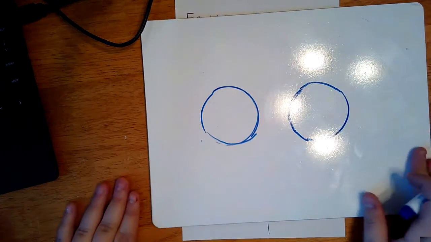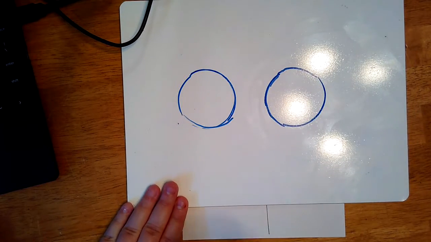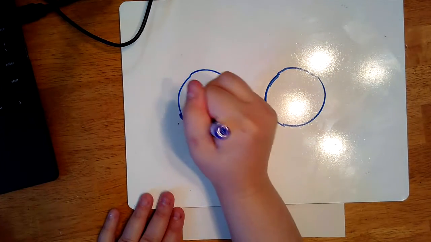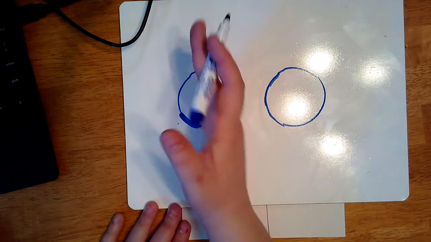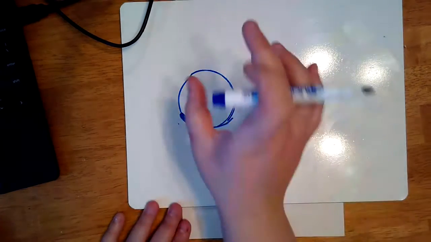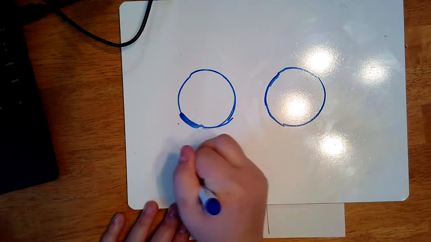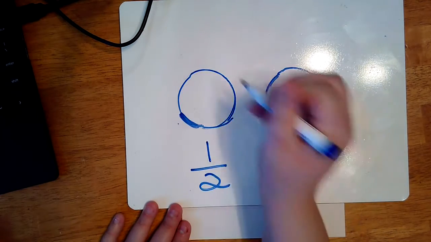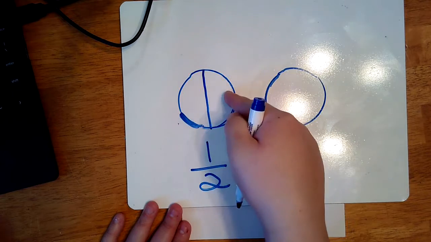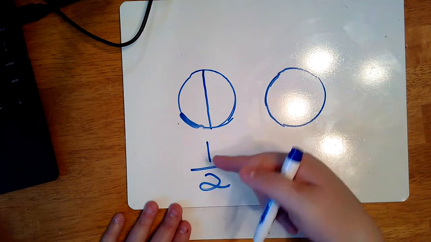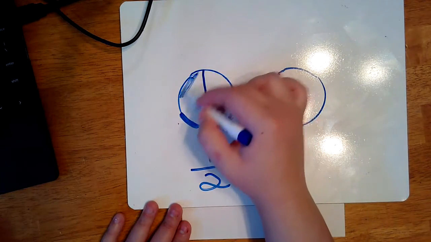Okay, so there's two circles that are supposedly the same size. They are not perfect circles. Okay, so we know that they are equivalent if they have the same size in relation to one another. For example, if I was to say that this circle is 1/2, the 2 tells us how many parts the fraction is going to be in, and then the numerator, or the top number, is going to tell us how much is shaded.